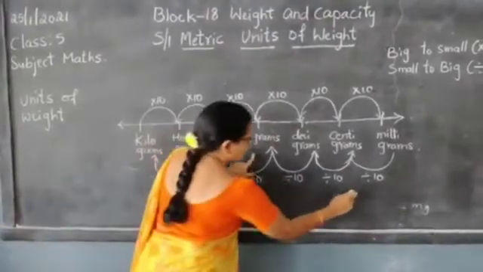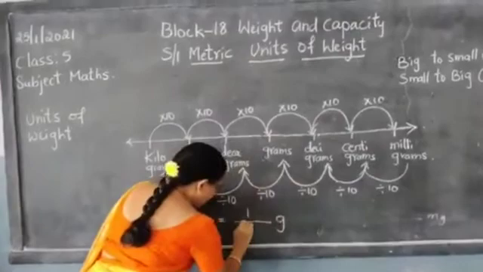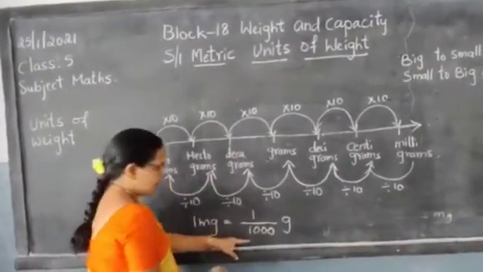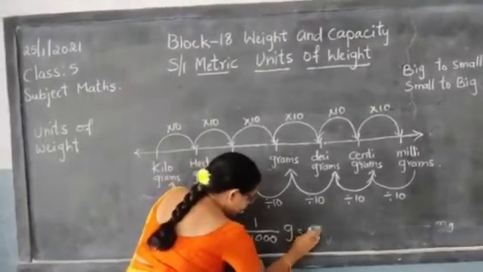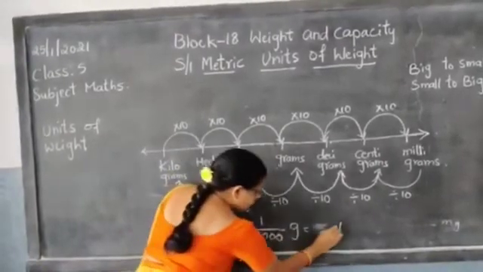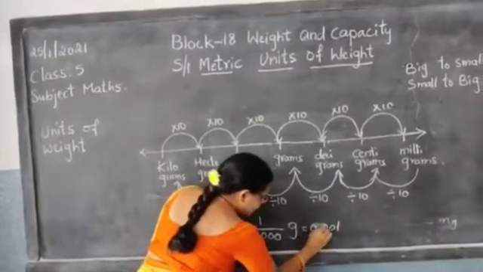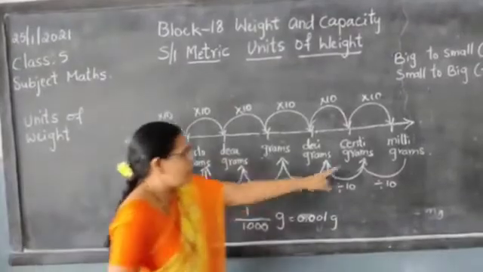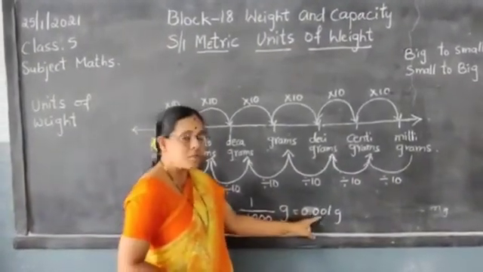So how much you have to divide? 10 into 10, 100, 100 into 10, 1000. 1 by 1000 grams. This is equal to 0. See here, 1 digit is there. How many zeros? 1, 2, 3. So after 3 digits you have to write the point. So 0.001 grams.